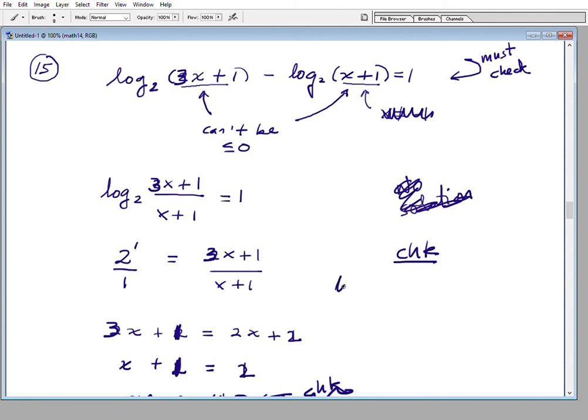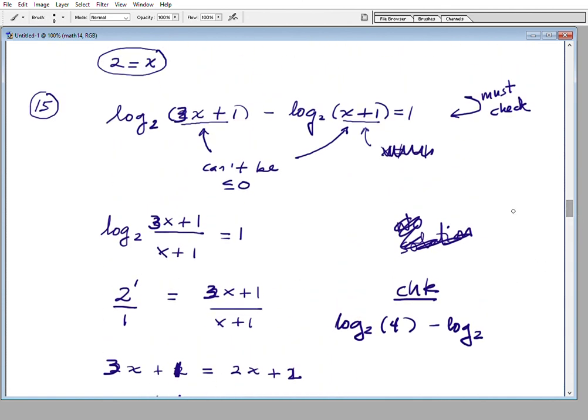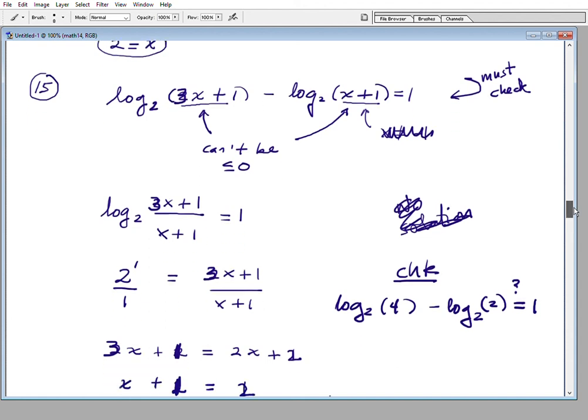Okay, so we have log base 2, x equals 1, 3 plus 1, that's 4, minus log base 2. We have x equals 1, so here we have 2. Is that equal to 1?